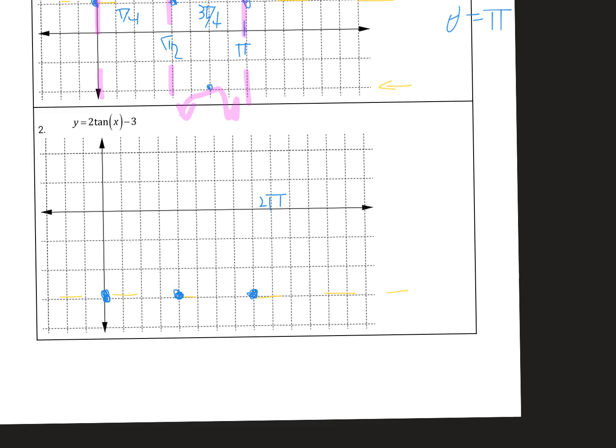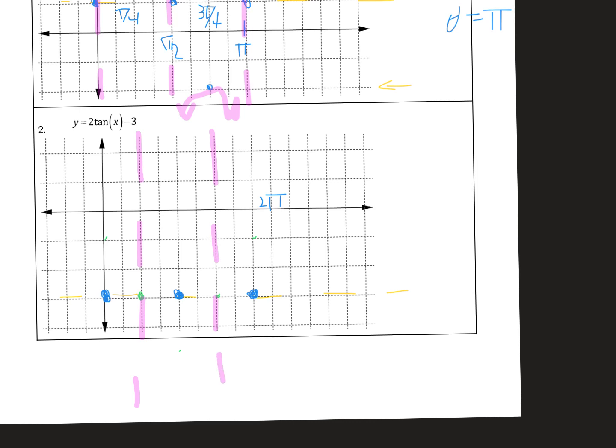And then the cosine curve, I'll do that in green. That would start 2 up, and then it would go to the midline, and then down 2, and then up here. So that means we're actually going to have a vertical asymptote right there and right there, because it's sine over cosine.